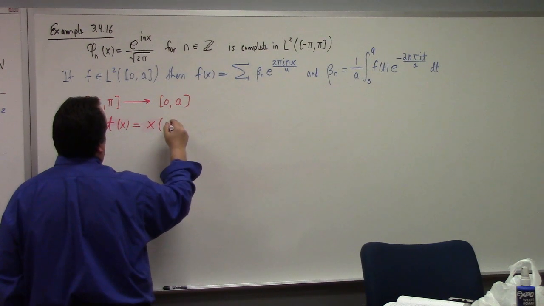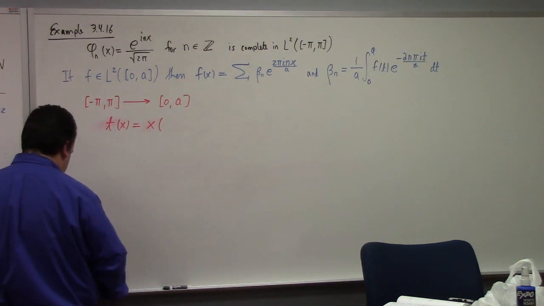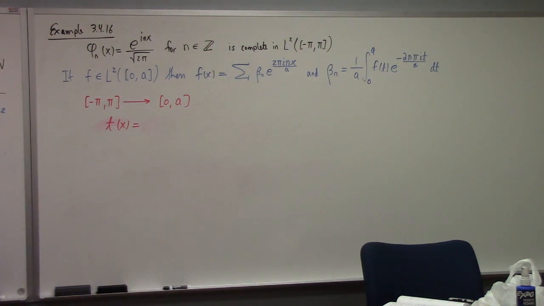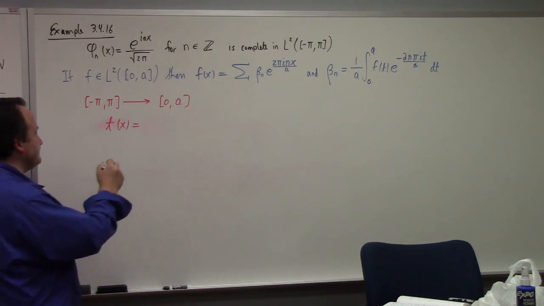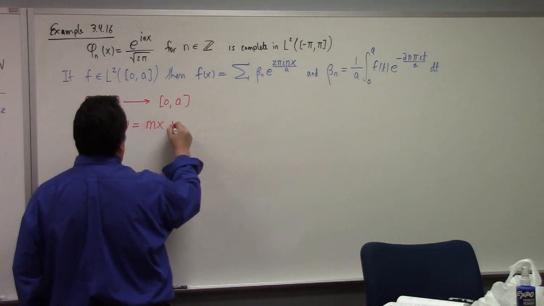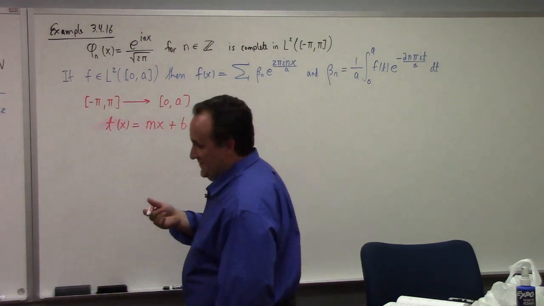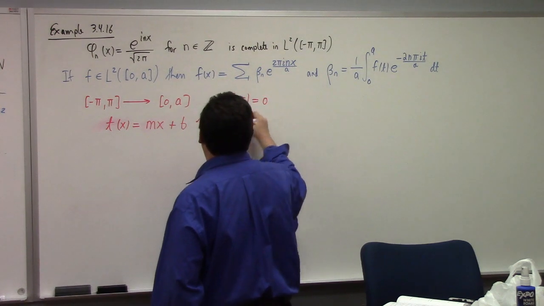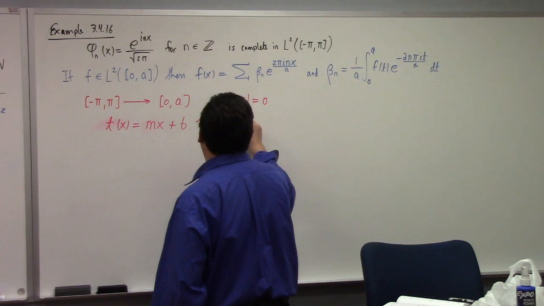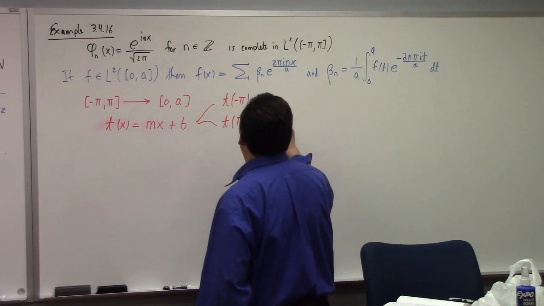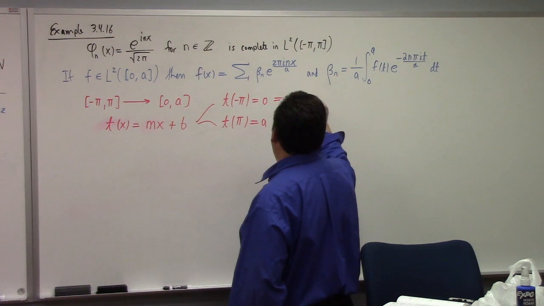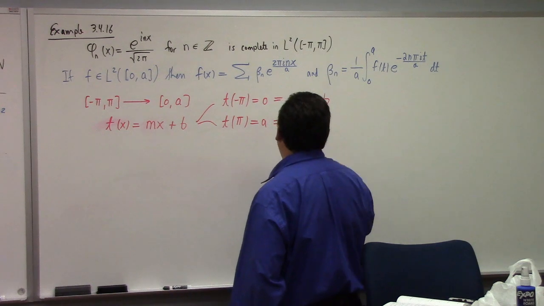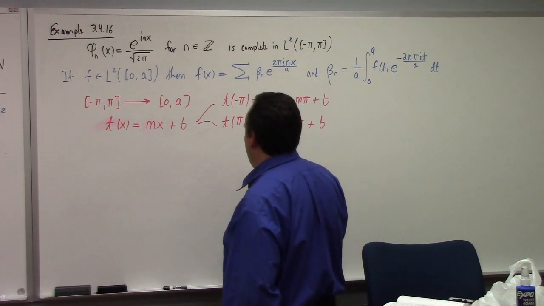This is not complicated. I'm looking for mx plus b. I want t of minus pi equal to 0, and t of pi equal to a. This gives me minus m pi plus b, and this gives me m pi plus b. Can you solve this for m and for b?